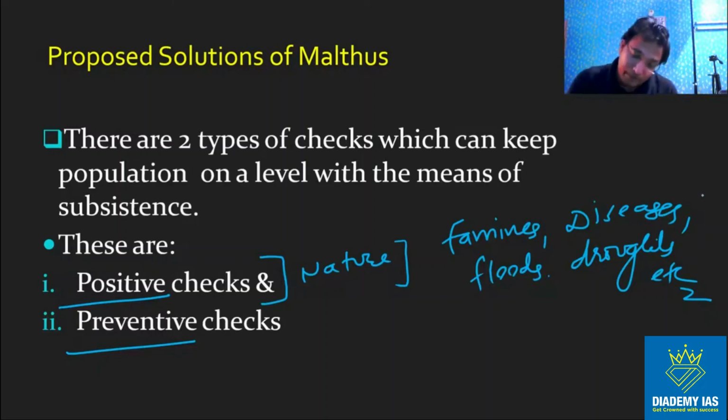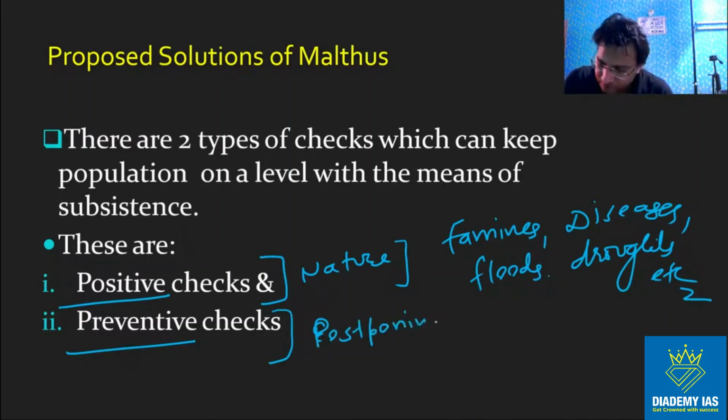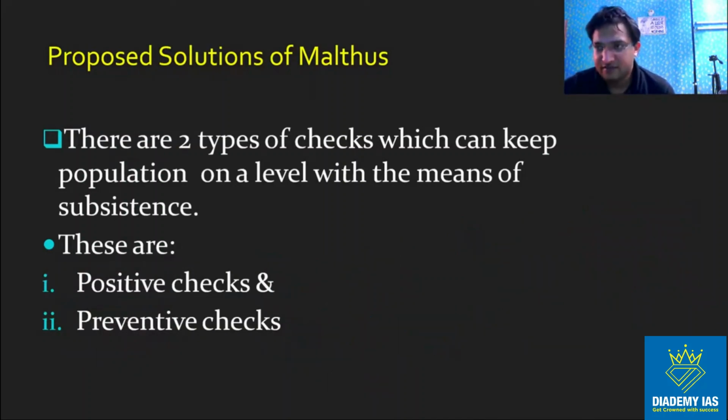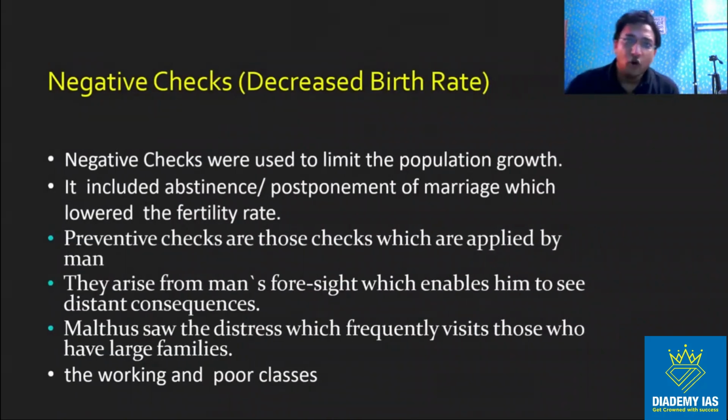ठीक है? Preventive check. That means the humankind can take the preventive steps, like postponing the marriage age, use of contraception, etc. So we can follow either negative check, or they are also called the preventive steps.